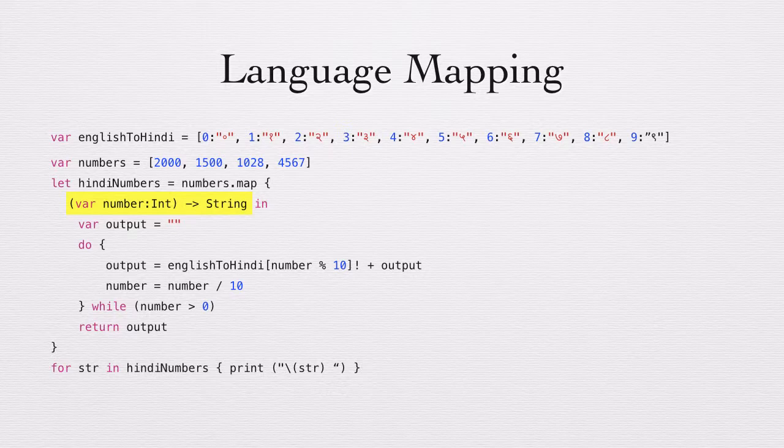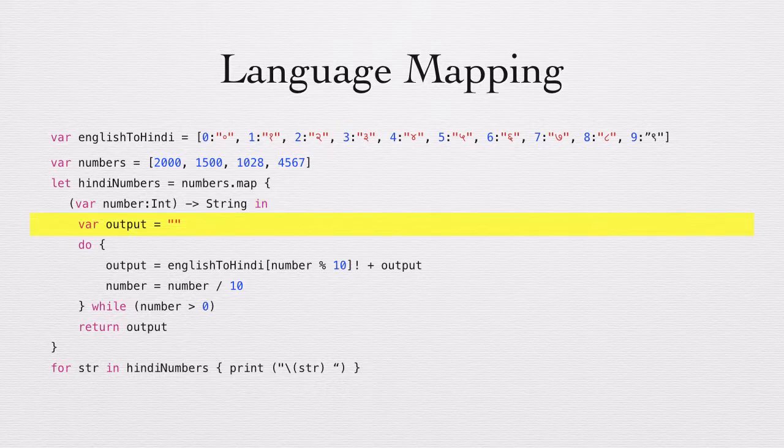In the closure function, we first write its function type. Our closure function takes a single argument of integer type and returns a string. The argument number is declared as a variable so that its value can be modified inside the function body. The in keyword now starts the function body.